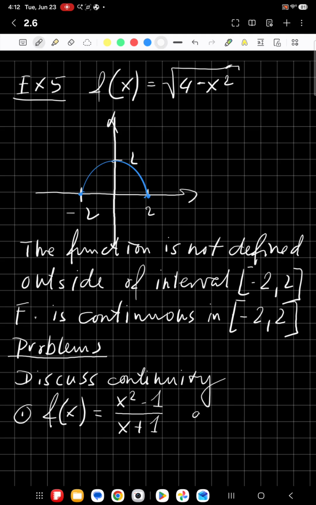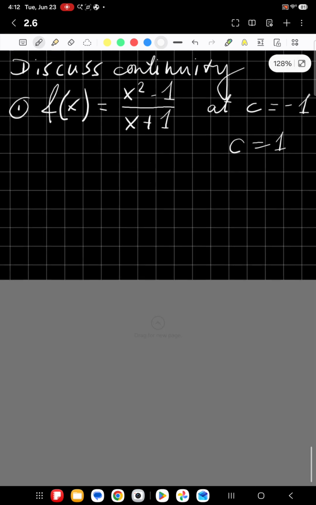And then you'll have to check at 2 x's, so c equals negative 1. I would like you guys to show work, checking all those conditions, unless of course you fail, and then you don't need to check anymore. And then c equals 1, so that's the first problem.